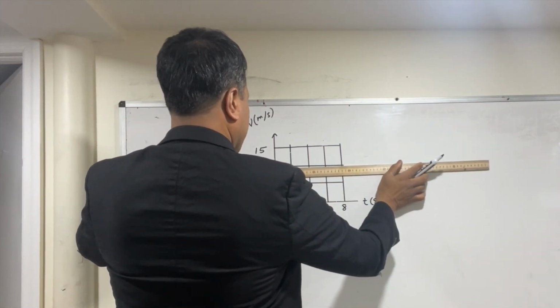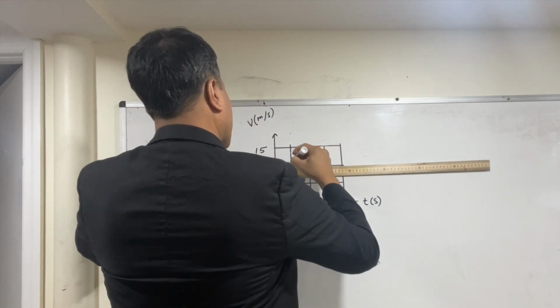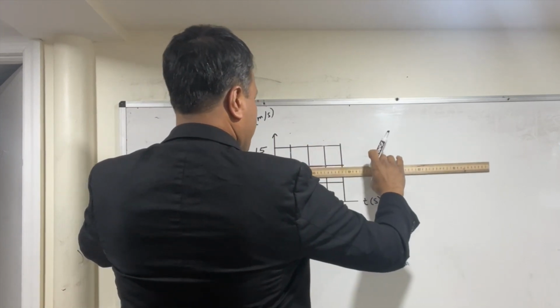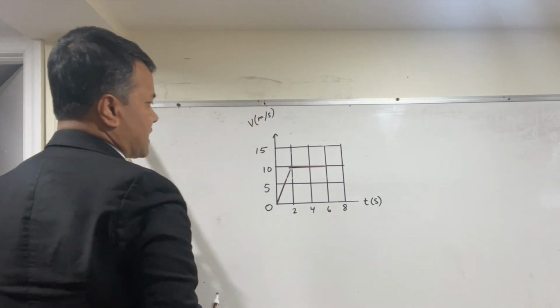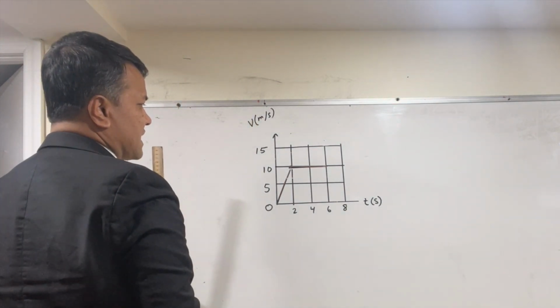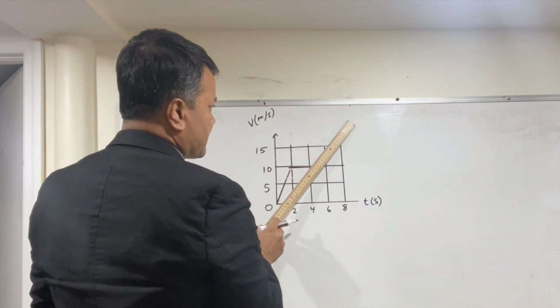From 2 to 6 seconds, the object acceleration is 0. From 6 to 8 seconds, the object acceleration is, let's say, 2.5.